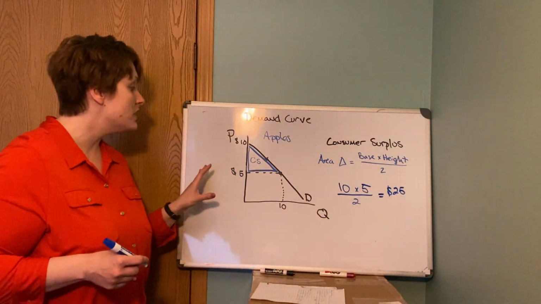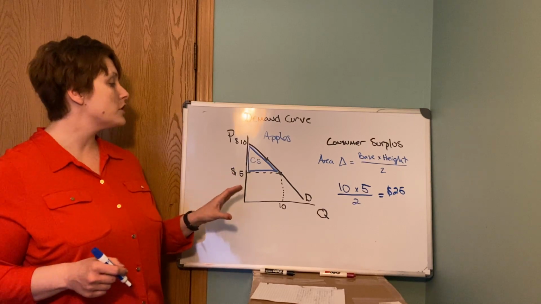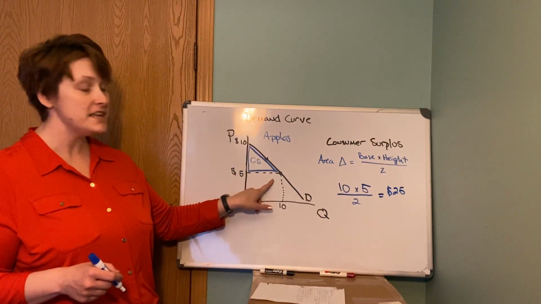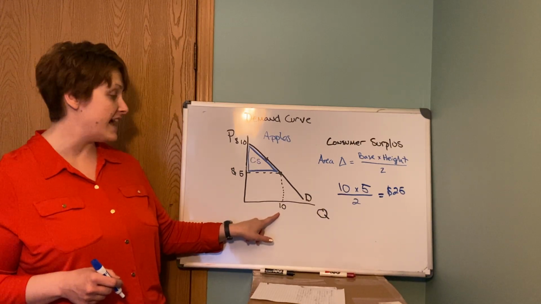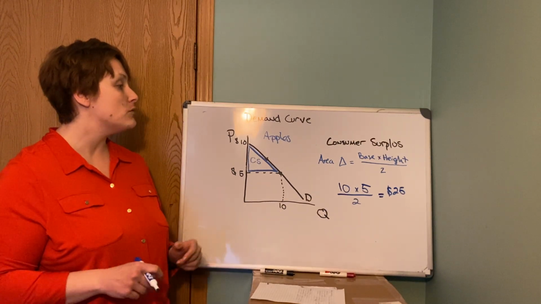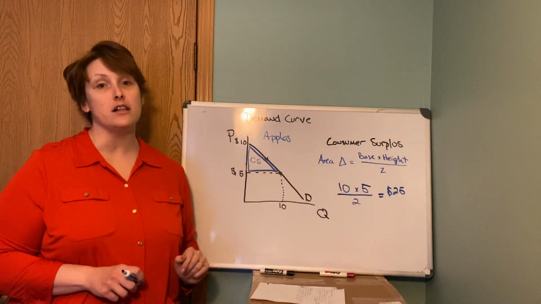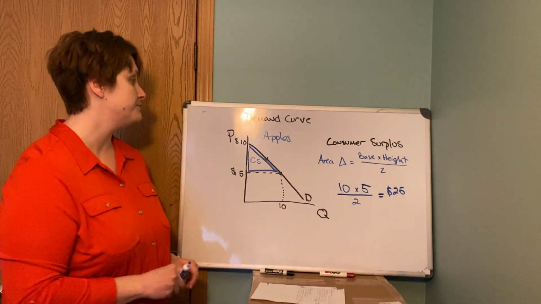So in our example here, at a market price of $5, where we have a quantity demanded of 10, we will have $25 of total consumer surplus.